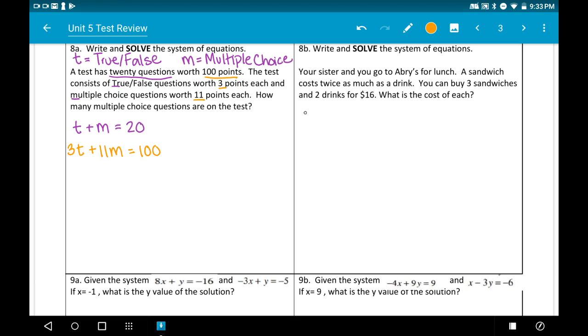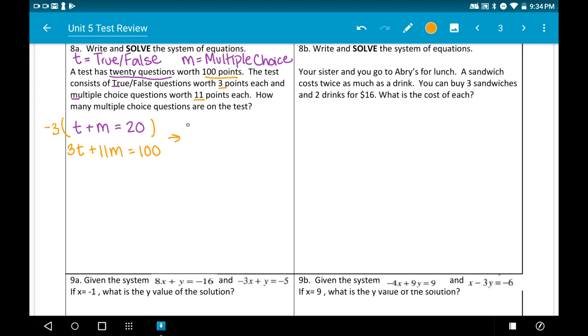Now if we look here, this problem is set up for elimination because t's are lined up, m's are lined up, equal signs are lined up, and the numbers are lined up. So what we have to do is figure out what can cancel out here. Now if we look, we have a 3t, so we need this top one to be a negative 3t. So to turn this 1t into a negative 3t, we're going to multiply everything by a negative 3.